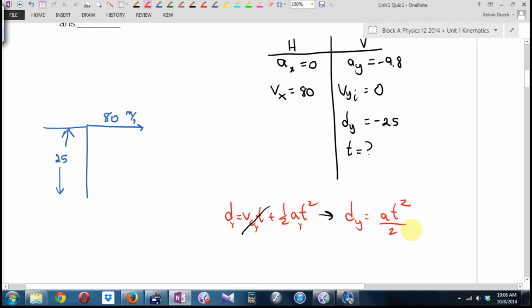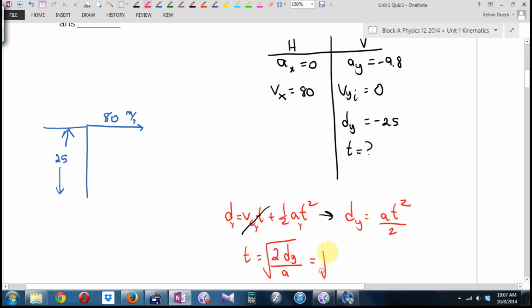That's the same, Rachel, as a half a t squared. Which means I can get the t by itself without the quadratic formula, without having to find Vy. This is good. Times by 2, divide by a, square root. I think t is going to be times by 2, divide by a, square root.